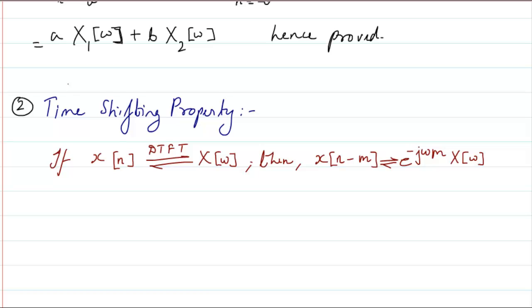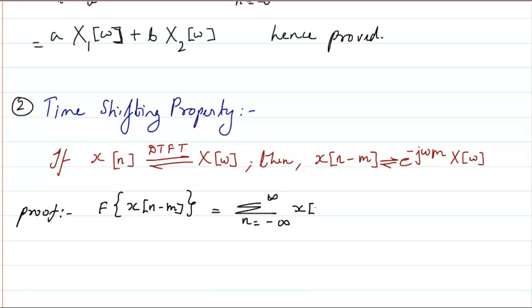Let us first put it in the equation. Therefore the Fourier transform of x of n minus m is given by summation n is equal to minus infinity to infinity.